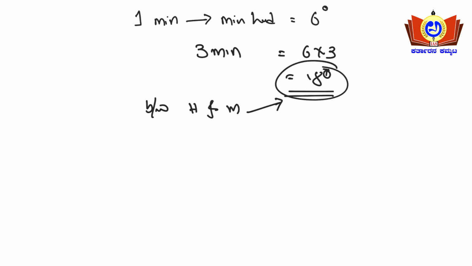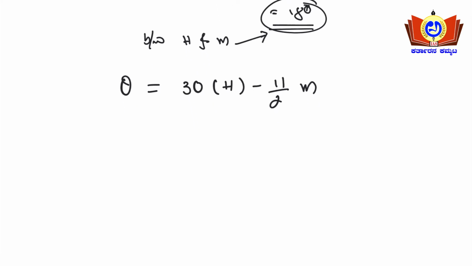Okay, so we shall substitute in the formula here. Theta will be equal to 30h minus 11 by 2 m. Theta is 18 degrees, we got here. So 18 is equal to 30 times h, where h is between 5 and 6, so I'll take 5 here, minus 11 by 2 m.